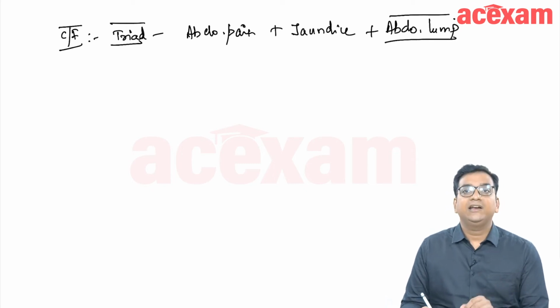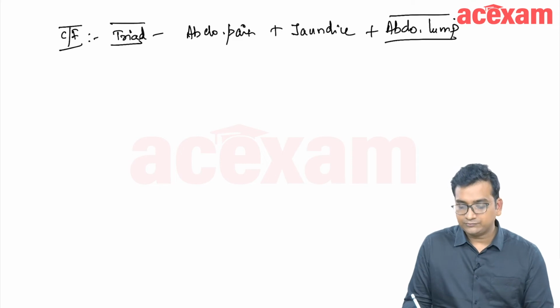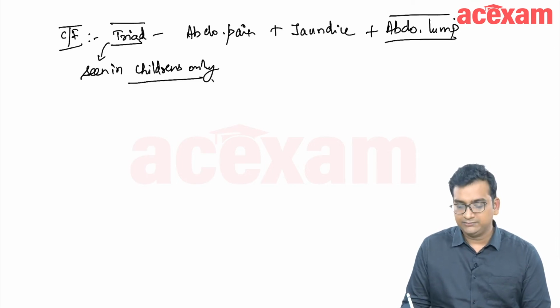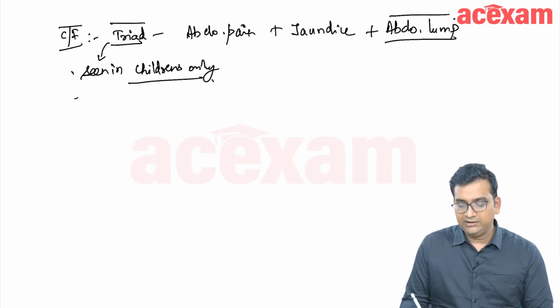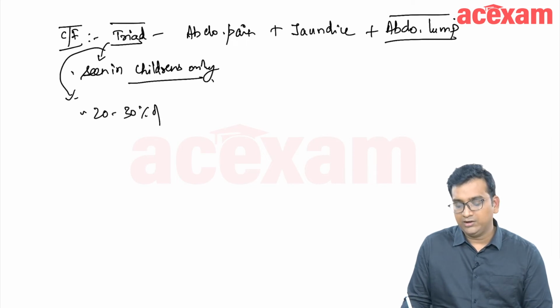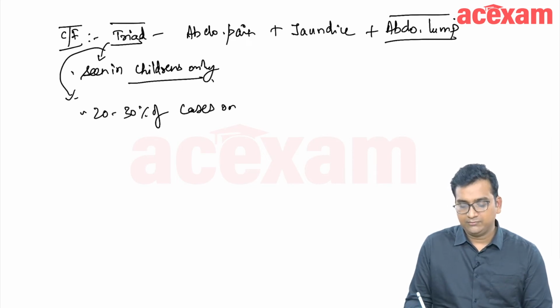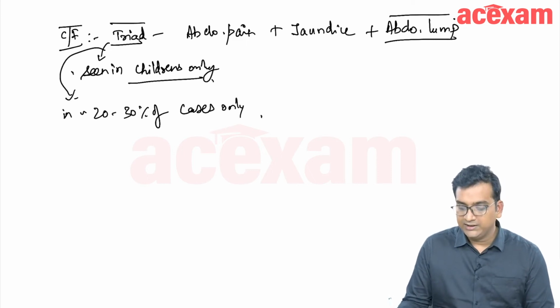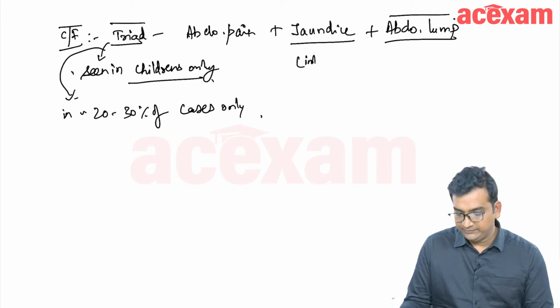This classical triad is seen in children only. It is generally not seen in adults. And overall, this triad is seen in around 20 to 30% of cases only. And the jaundice here is generally intermittent.